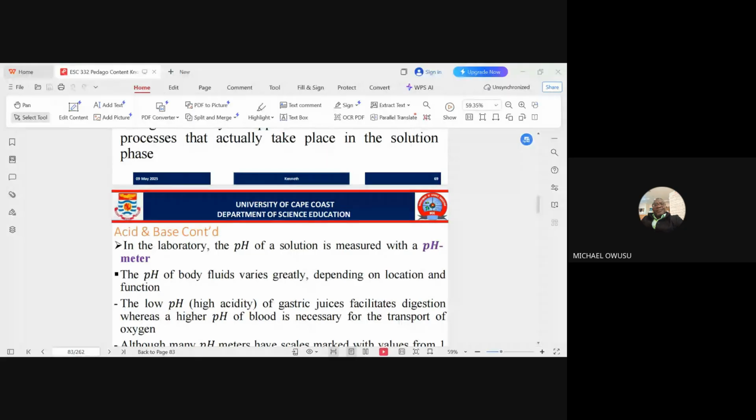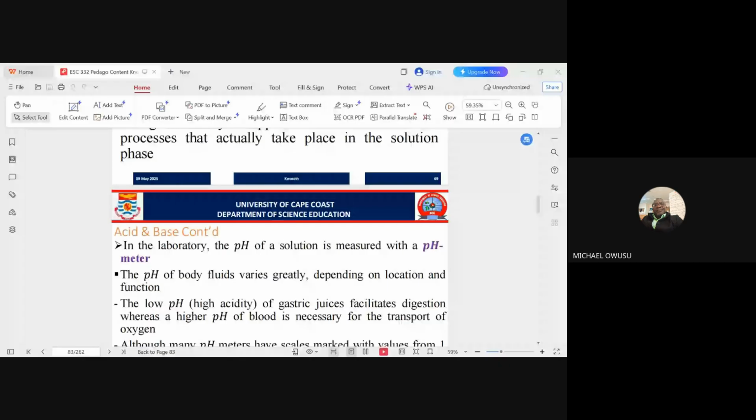That's why I'm taking my time for you to go through it. Calculate the pH of an aqueous solution of 3.64 times 10 to the power negative 8 mole per dm cube hydrogen ions.